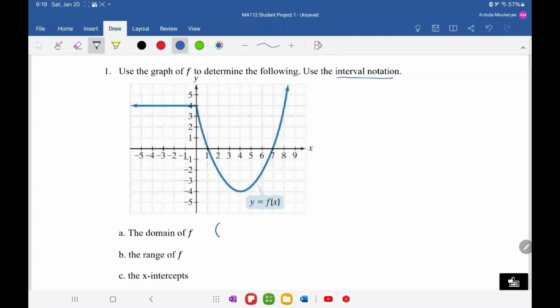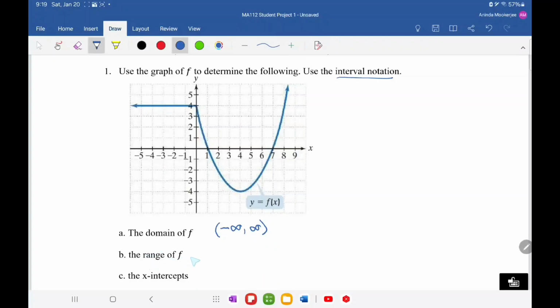Put a round bracket. Whenever you have negative infinity or positive infinity, you must surround it with round brackets, because negative infinity and positive infinity are not really numbers. It just tells us that we can keep going as far as we can on either end. So we got the domain of f, negative infinity comma positive infinity.